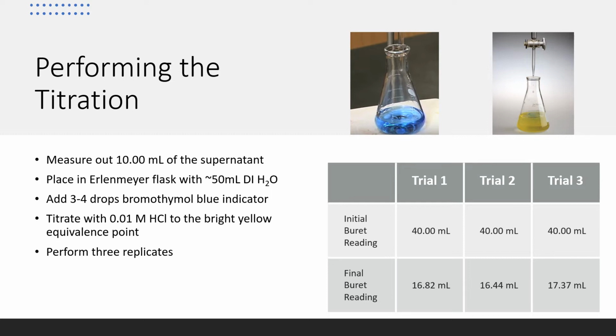You will rinse the burette with HCl solution before you fill it, titrate a drop at a time, and swirl between drops as you titrate. At the equivalence point, the bright blue solution will turn bright yellow and will remain bright yellow. To get the most accurate results, you should carry out 3 replicates of this titration, and your data points should all agree within 5%.